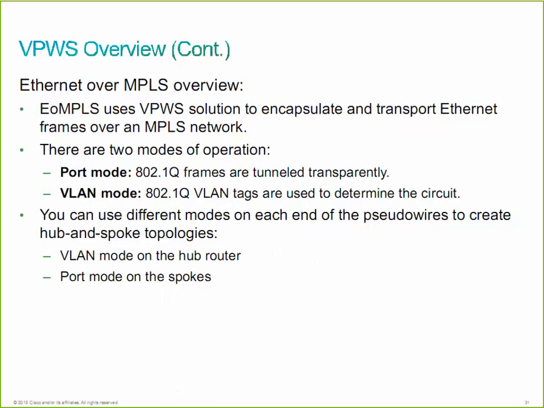When we're doing that, though, there are two modes that we can operate in. Now, this is all part of VPWS. This is not part of VPLS. So we're talking about a subset of EOMPLS over VPWS. Two different modes: we've got port mode and we've got VLAN mode.